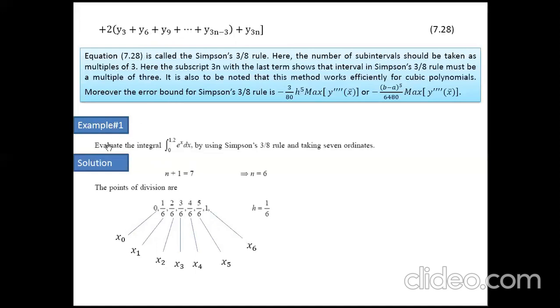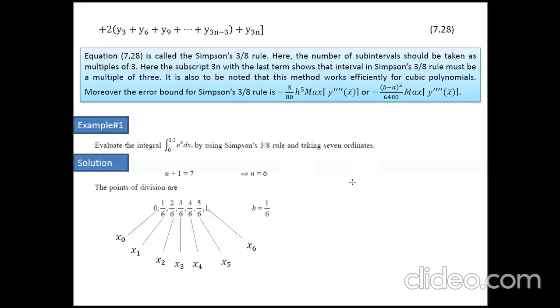So now we come to the first example. Here again we have the same function with the same limits as we solved in the trapezoidal rule. Now we have to solve this by Simpson 3/8 rule, and the condition is given that you have to take 7 ordinates. Okay, 7 ordinates mean 7 values of y.